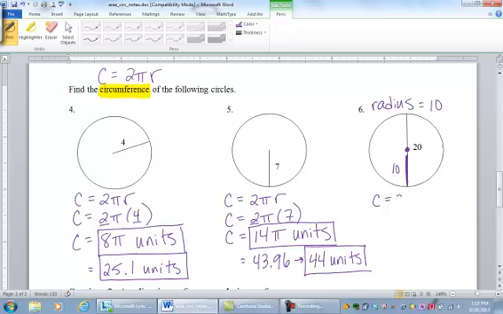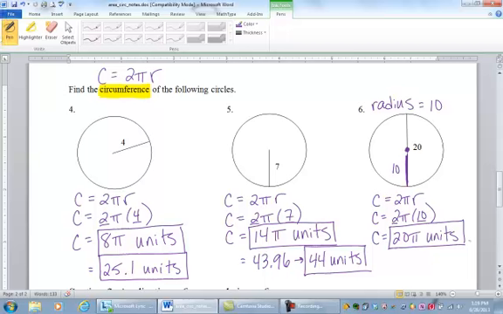So start with the formula. Circumference equals 2 pi r. Plug in the 10 for the radius. And now what you can do is multiply the 2 and the 10 and get 20. And that's our exact answer, 20 pi. That is leaving your answer in terms of pi.